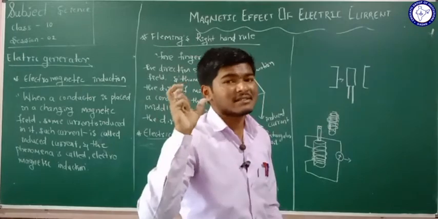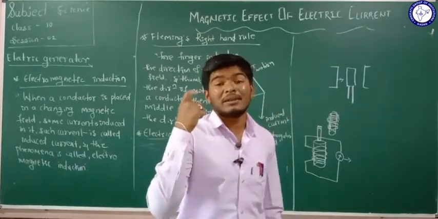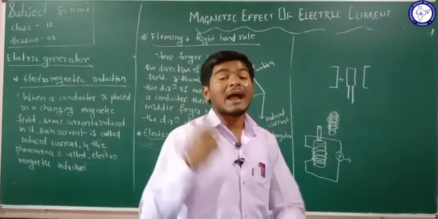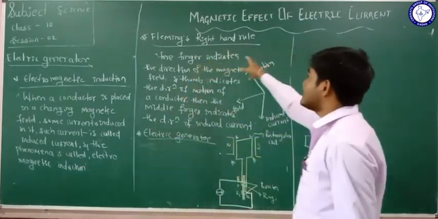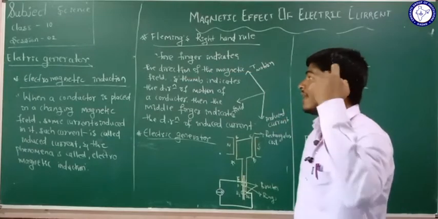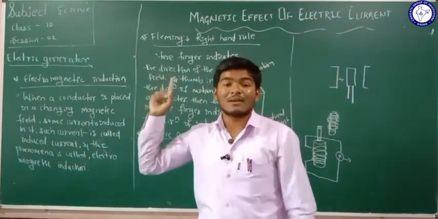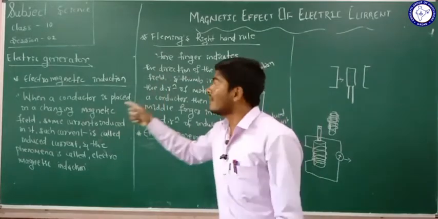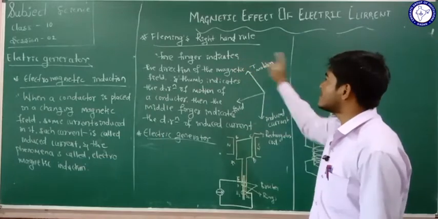That device is nothing but an electric generator. How the electric generator is constructed and how it works will be studied with the help of Fleming's right hand rule. So the electric motor works on the principle of Fleming's left hand rule, and the electric generator works on the principle of Fleming's right hand rule.